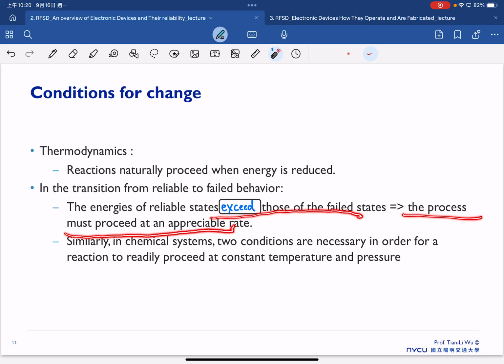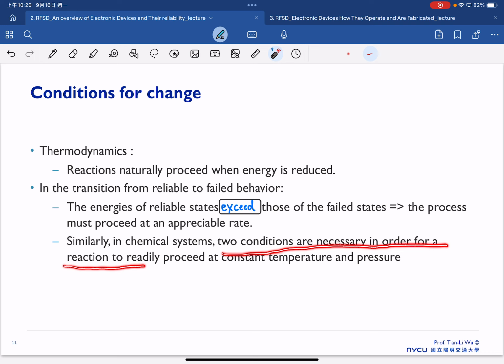Similarly, in a chemical system, two conditions are necessary for a reaction to readily proceed at constant temperature and pressure. So here, we will talk about the conditions leading to the change, and we will use some basic knowledge related to thermodynamics.